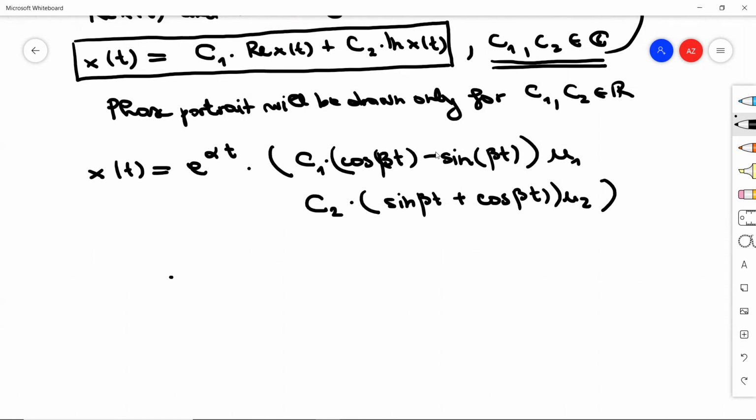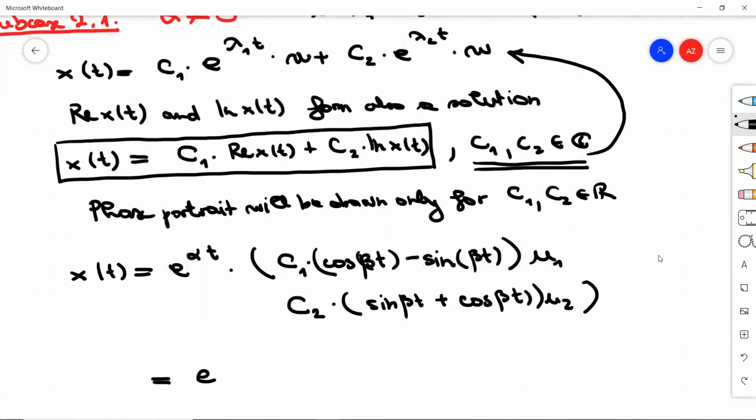So it's e to alpha t, and C1 times e to alpha plus i beta t times u, and then plus C2 times e to alpha minus i beta t times w.